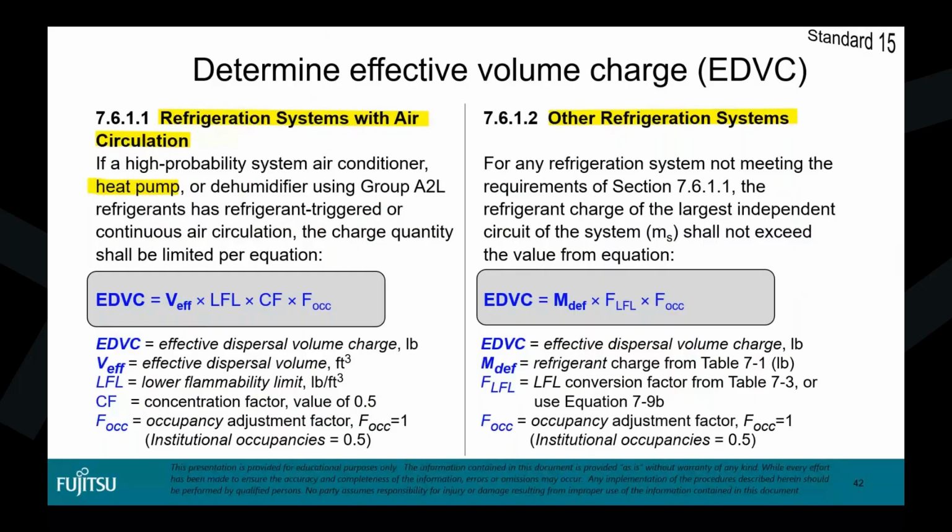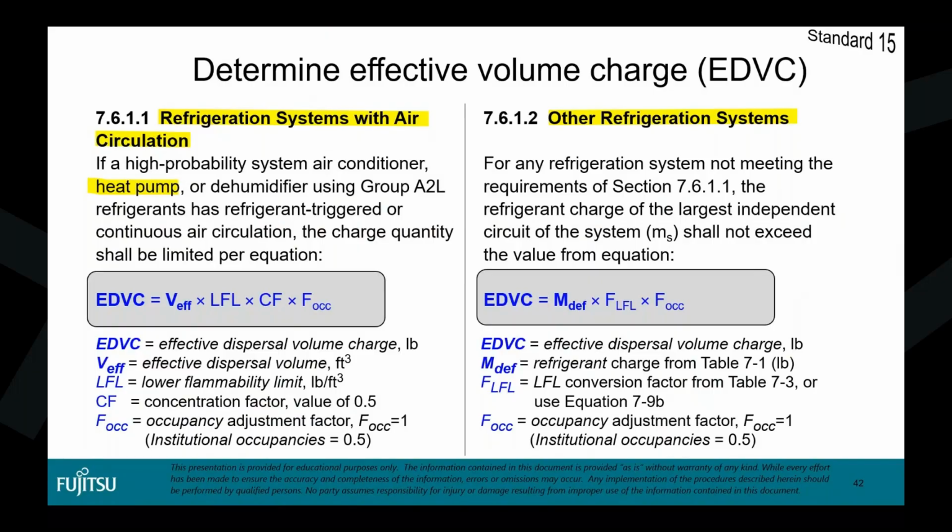Then LFL, that's the flammability limit. CF, concentration factor, is 0.5 by default. And then FOCC, that's the occupancy adjustment factor. It's 1, unless it's institutional, then it's 0.5. So it's a relatively simple multiplication. When we have the volume, we multiply with 3 factors, and then we see the maximum allowed. So that is for systems with air circulation.